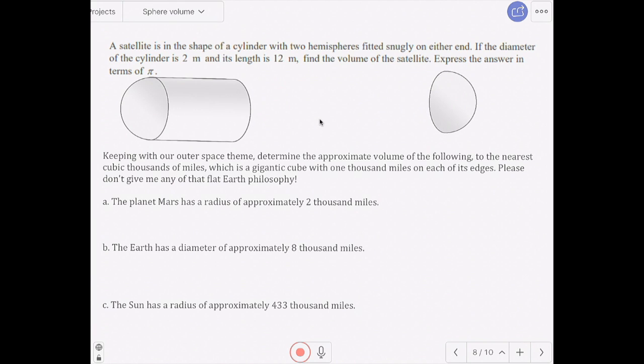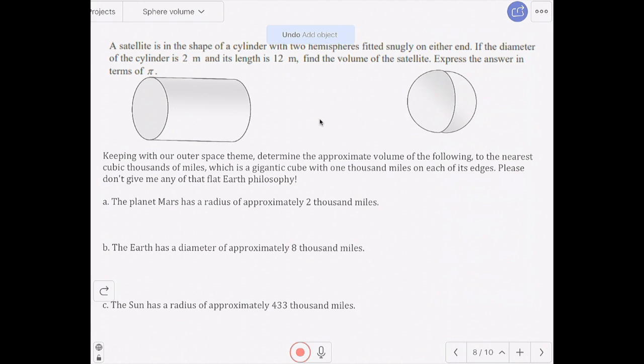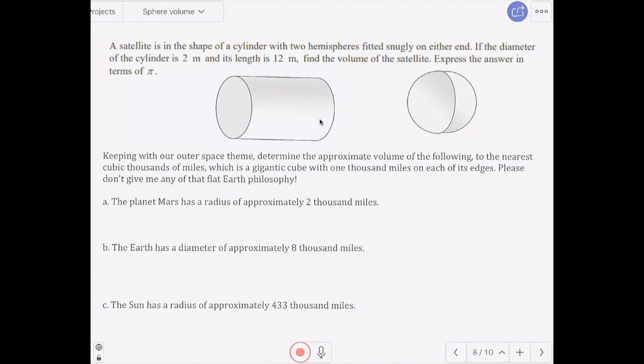If you take a hemisphere, a half a sphere, and you take another hemisphere that's the same size and you put them together, you basically created a full sphere. So basically what you need to do in this question is find the volume of the cylinder and find the volume of a full sphere and then add them together.